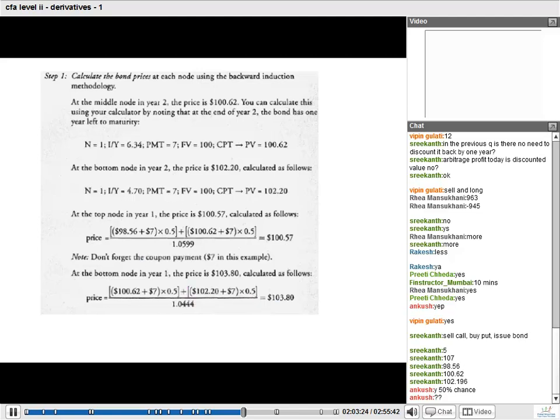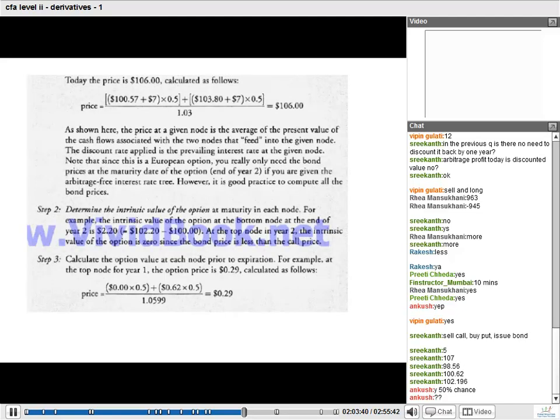Similarly, we can compute the value of the option. It will be 0 into 0.5 plus 0.62 into 0.5 upon 1.0599, and it will be 0.62 into 0.5 plus 2.2 into 0.5 upon 1.0444. I can discount back one more node to get to the price of the bond at initiation.